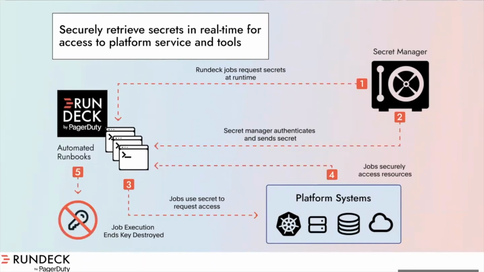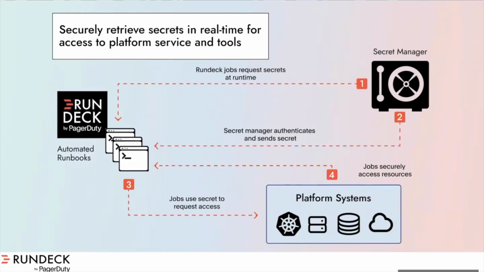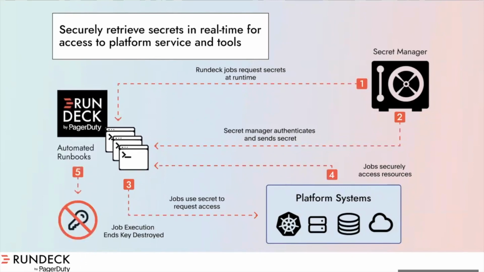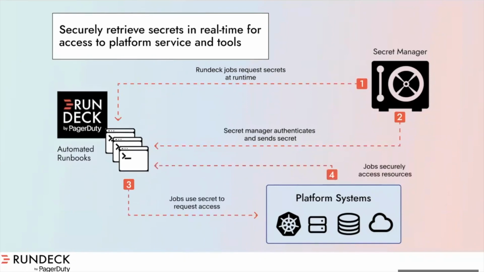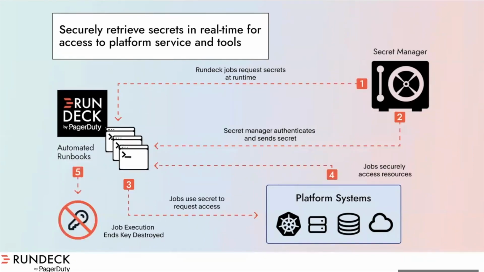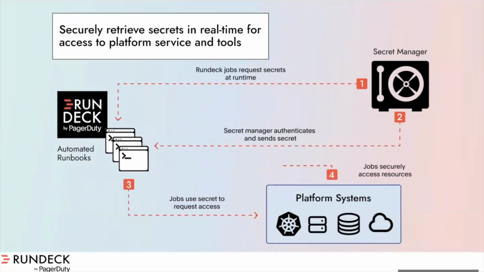But then it ends at the back end. Once your job execution is complete, Rundeck effectively destroys that key, and that key no longer persists or is maintained in Rundeck in any way. So it becomes a single use key at the very moment the job is executed.